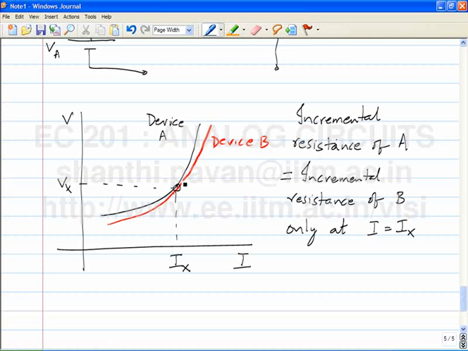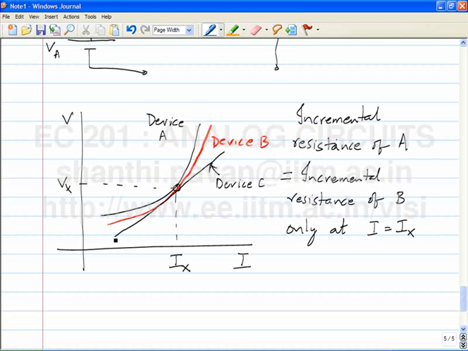Now if I had a device C, what would be a small signal for device C? Any signal would be small signal for device C, because it's a straight line. You understand? So the key point behind this discussion is that there is nothing which is absolutely small signal.